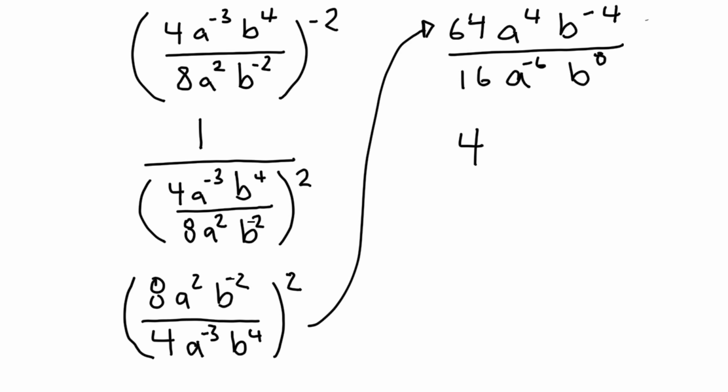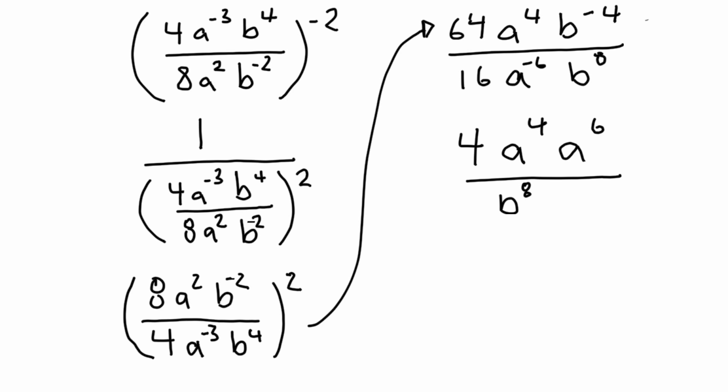So in this case, a to the power of 4 is going to stay there. But this a to the power of negative 6, I'm going to bring to the top of my fraction. And since I'm doing that, it is going to become a positive. Now on the bottom of my fraction, I have b to the power of 8.